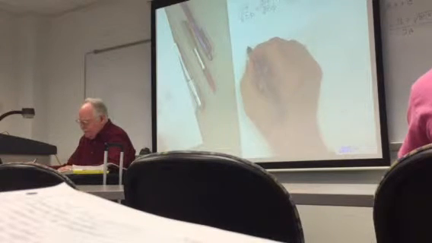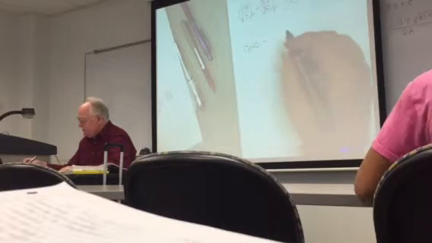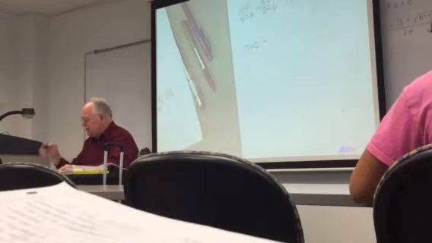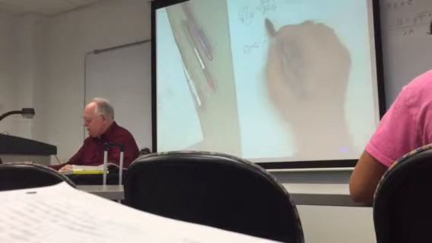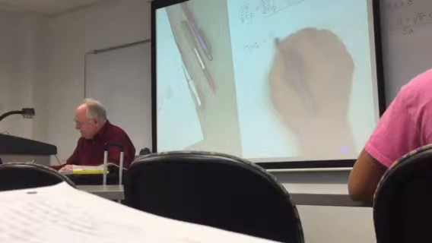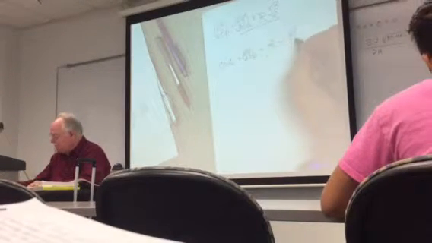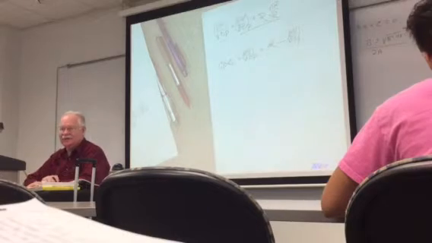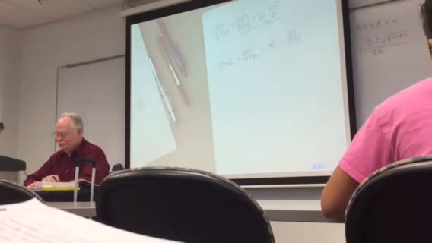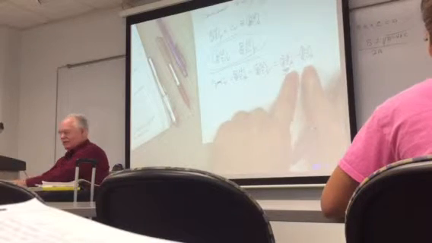So I have that Cp minus Cv is equal to the partial of H with respect to T at constant pressure, which I've just shown is all of that, minus the partial of U with respect to T at constant pressure.